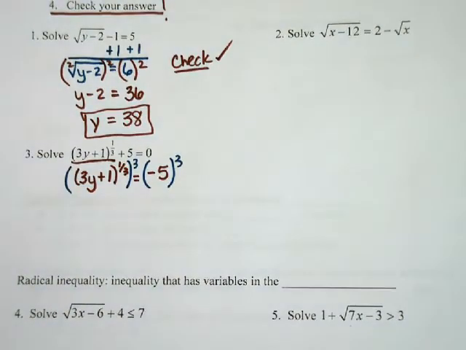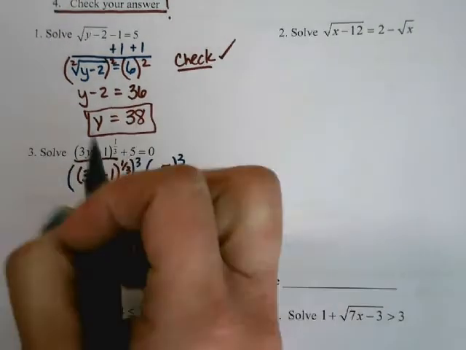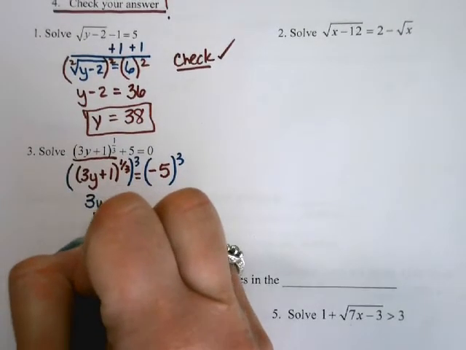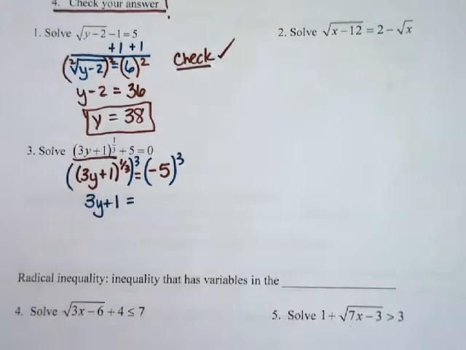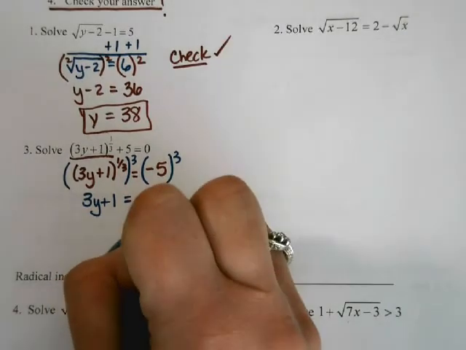Also think about, what do I need to multiply 1/3 by so it becomes a whole number 1? 1/3 times 3 is 1. All right, so those undo each other, and I'm left with 3y plus 1 equals negative 5 to the 3rd power. You have your chart or your calculator? 125, and it's negative, so it would be negative 125.